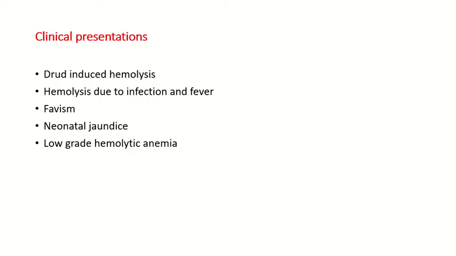How do these patients present? During episodes of hemolysis, when there is deficiency of glucose 6-phosphate dehydrogenase, most commonly in the presence of certain drugs or infections, it leads to hemolysis.